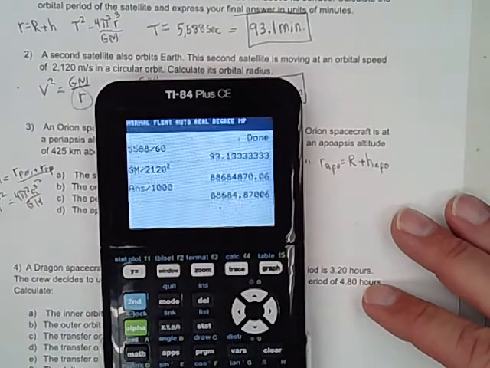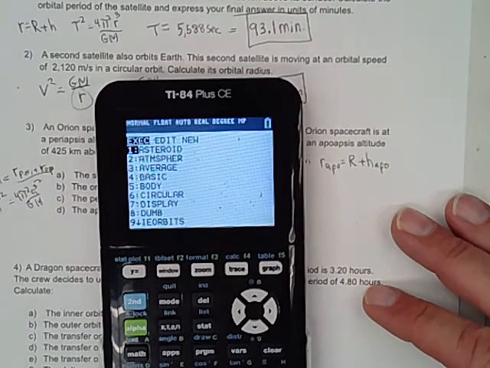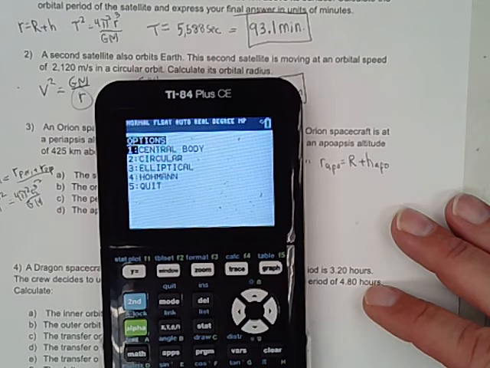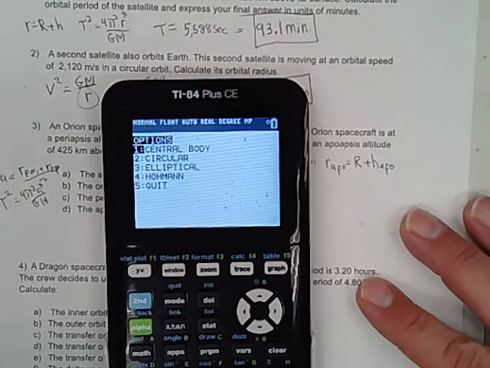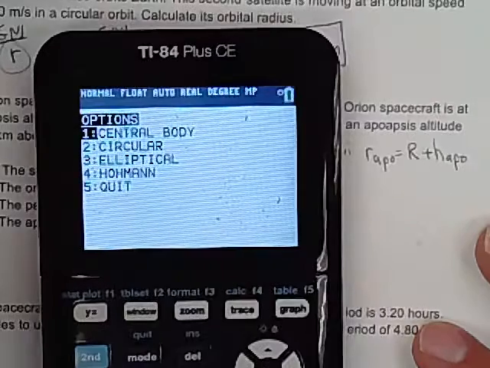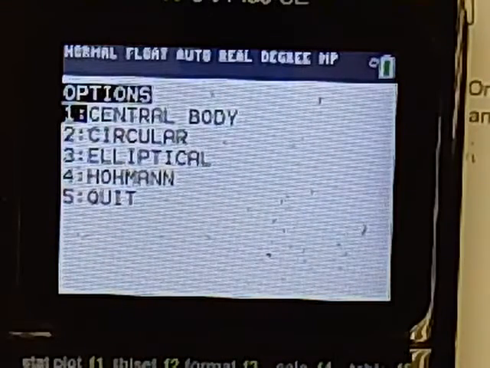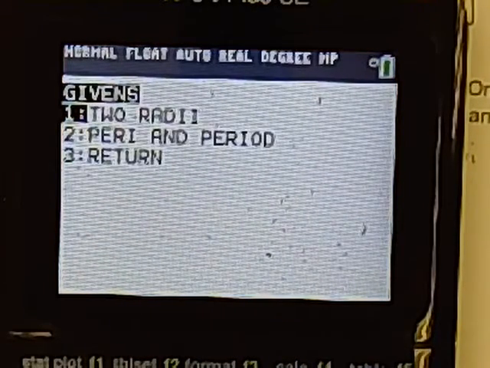So let's just turn my calculator on and fire up the program orbit. I'm going to choose my central body to be the moon. I'm going to zoom in a little bit so you can see the answers coming along. This is going to be an elliptical orbit, and I'm going to put in 2 radii.